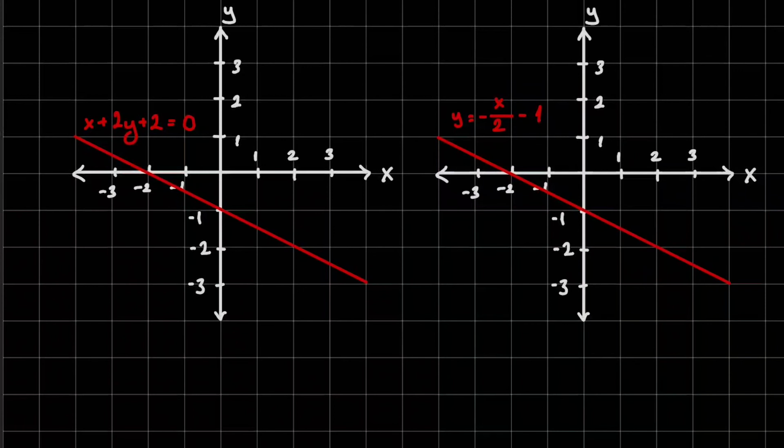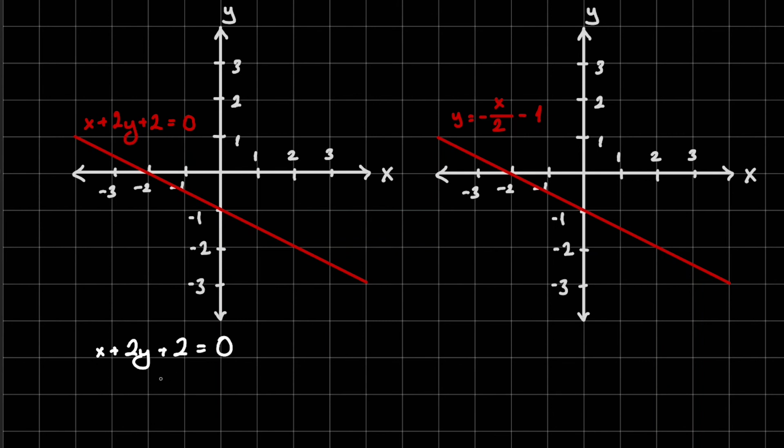I want to get your attention to something. The left one you are seeing right now is actually equal to the right one. You know, the equations seem different, but they are the same lines. Here, let me write the equation x plus 2y plus 2 equals 0.